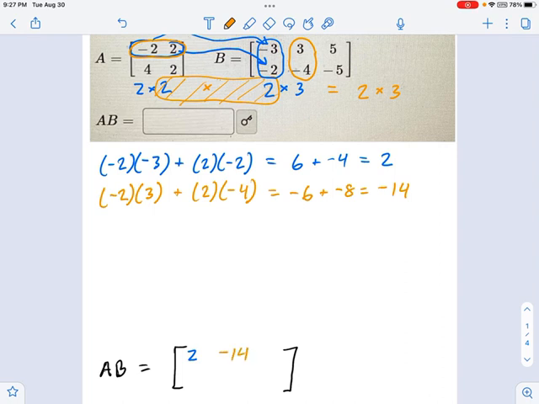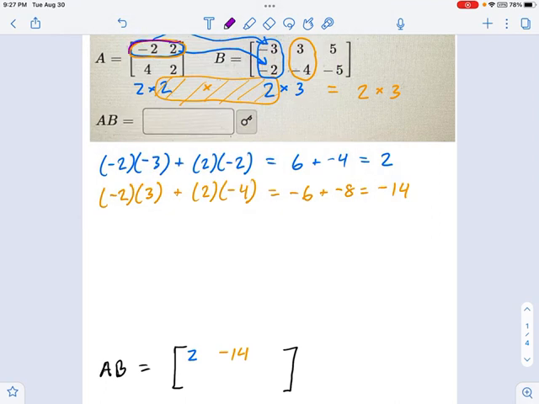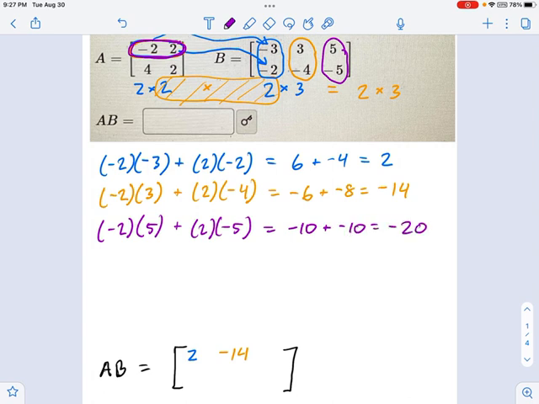That would be my top middle entry. Hopefully you can see the pattern that's happening here. I'm going to try this top row one more time, this time in purple, and multiply it against the rightmost column. So this will become -2 times 5 plus 2 times -5. That's going to equal -10 plus -10. So that's -20. Okay, there we go.